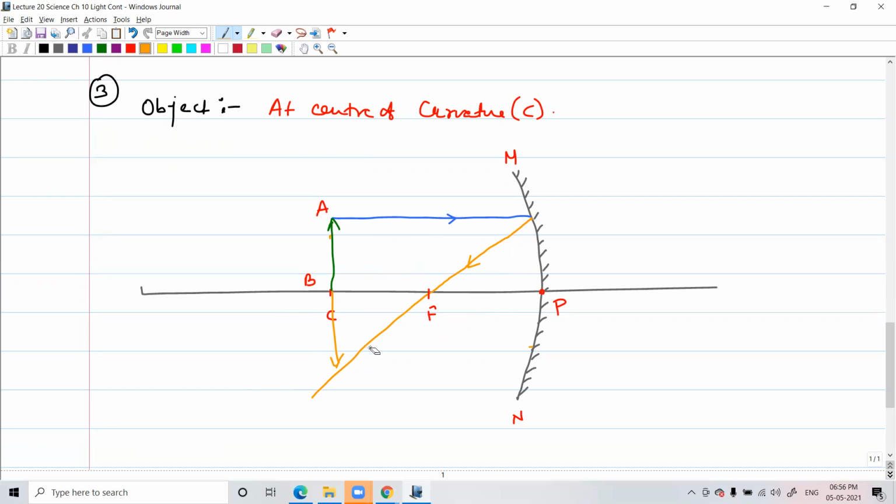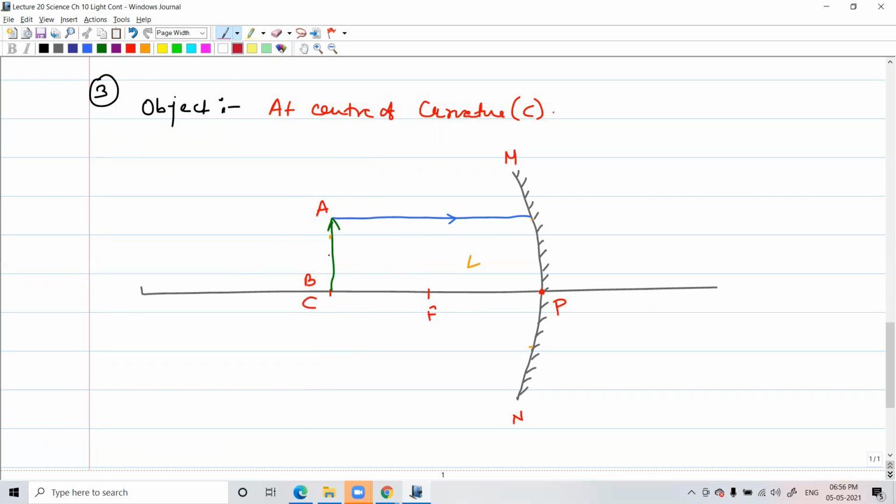See, there is a problem while drawing this kind of figure. So I'll show you how to cheat. I know that when I keep my object at the center of curvature, the image is going to be at the center of curvature only. I also know one more thing, that the image size is going to be exactly the same as that of the object.